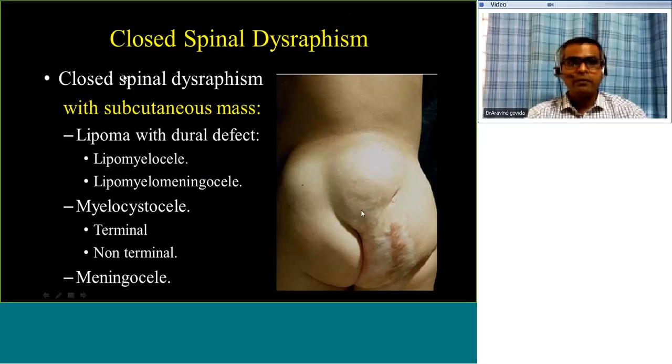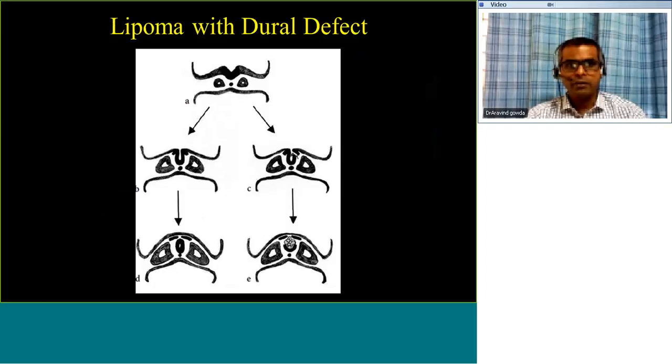So the one with the closed spinal dysraphism with subcutaneous mass, this mass is seen either to the left or to the right, but above the intergluteal cleft. The entities included in that are the lipoma with the dural defect, that is lipomyelocele or lipomyelomeningocele. The other things are the myelocystocele, which can be terminal or non-terminal, and the meningocele.